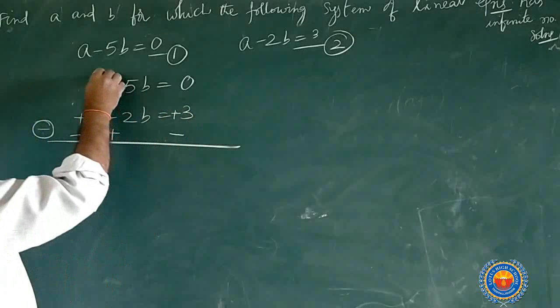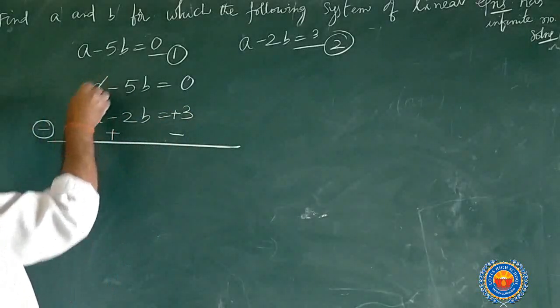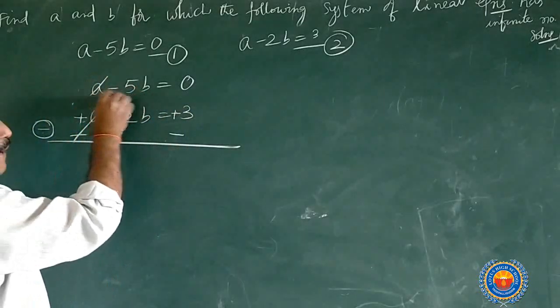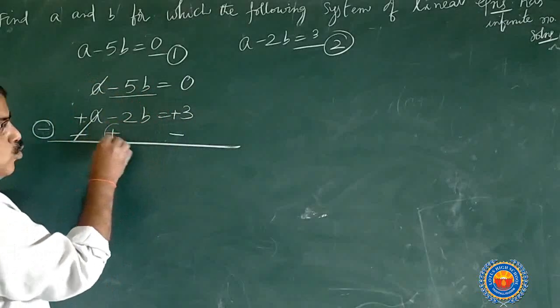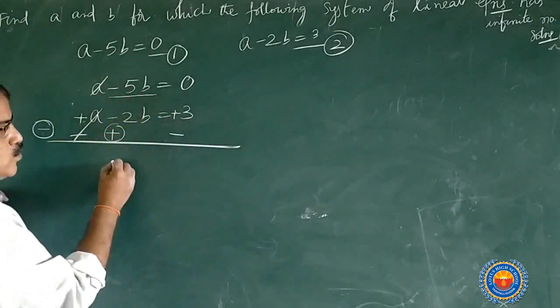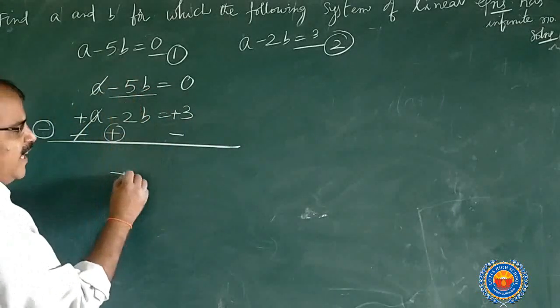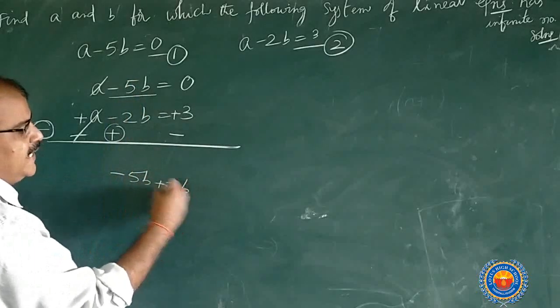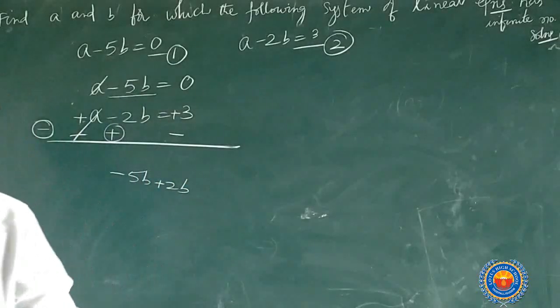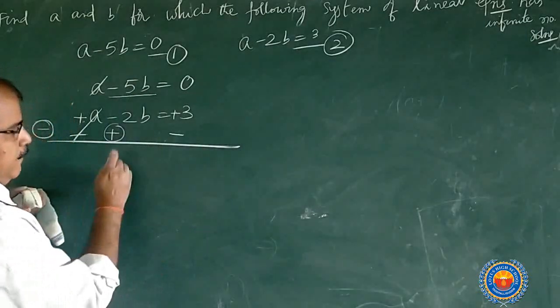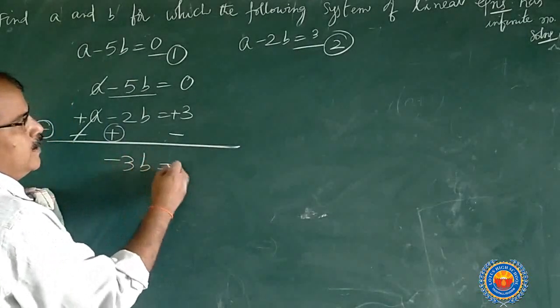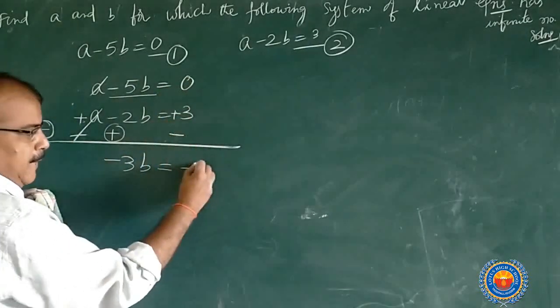Understand? So 1A minus 1A is equal to 0. Minus 5B plus 2B is nothing but minus 3B. 0 minus 3 is minus 3B.